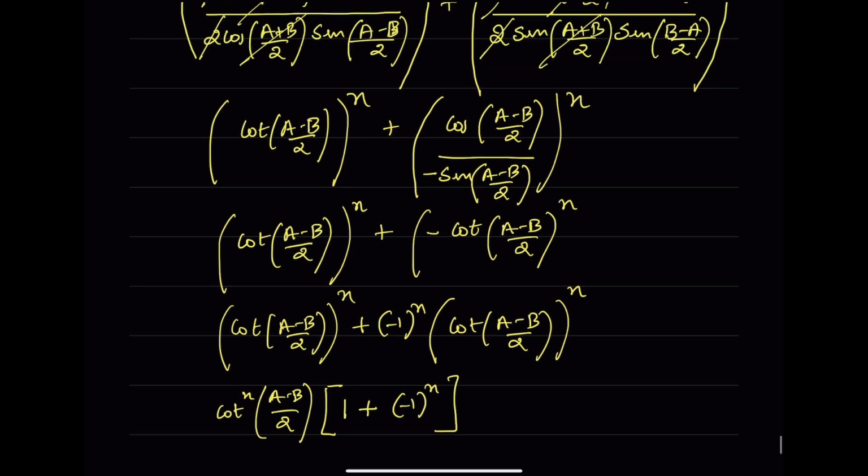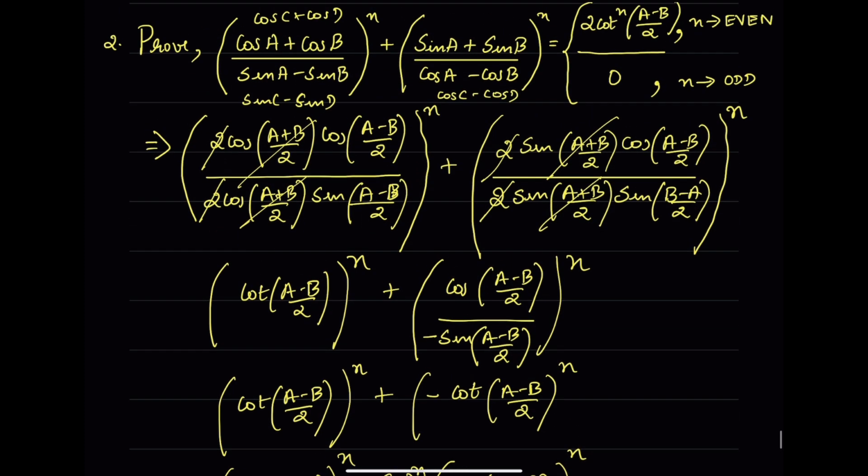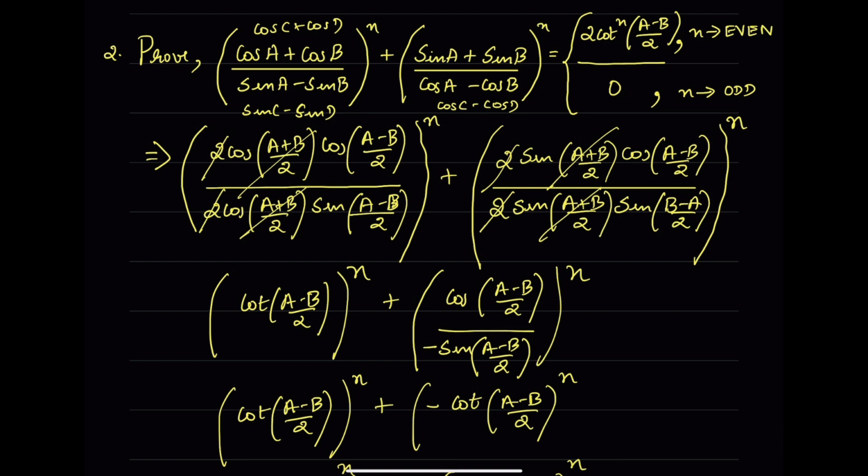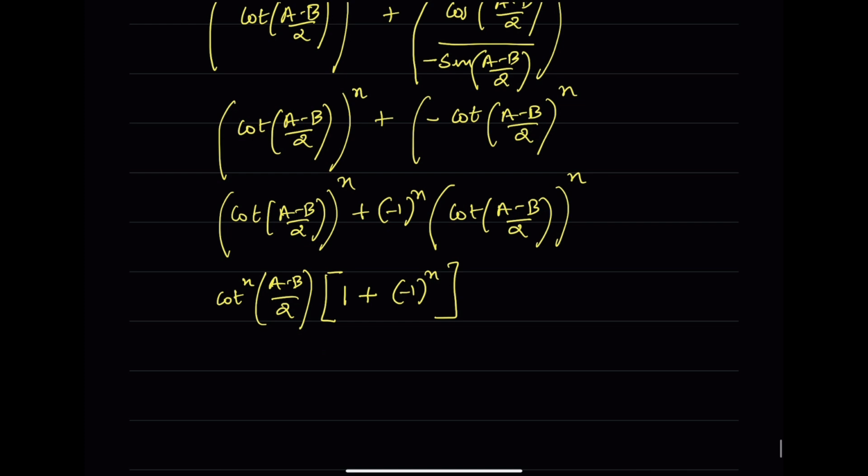Okay, now let's go back to the question. So we have to prove that it is 2 times cot (a minus b) by 2 power n when n is even and 0 when n is odd. So let's see what we have here. If n is equal to 2, which is even, what would happen in that case?